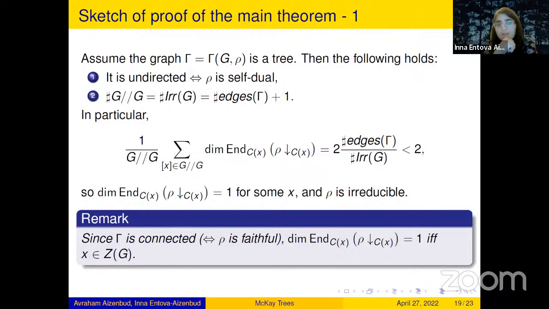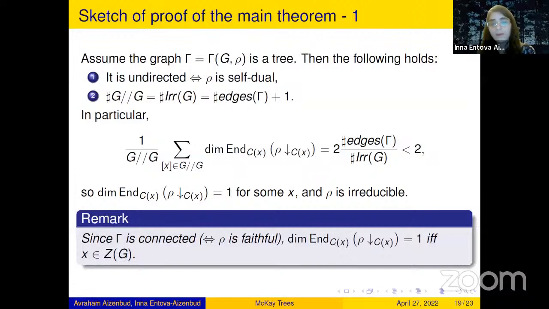Since the dimensions are integers, we can immediately conclude that there is at least one X for which the dimension of this endomorphism space is 1. In particular, that means that the restriction of rho to this centralizer subgroup CX must be irreducible, and so rho was irreducible to begin with.